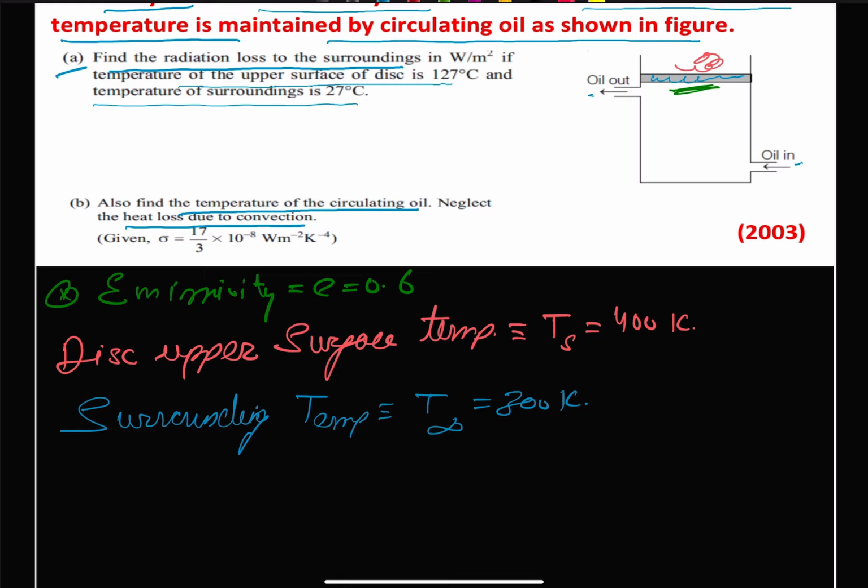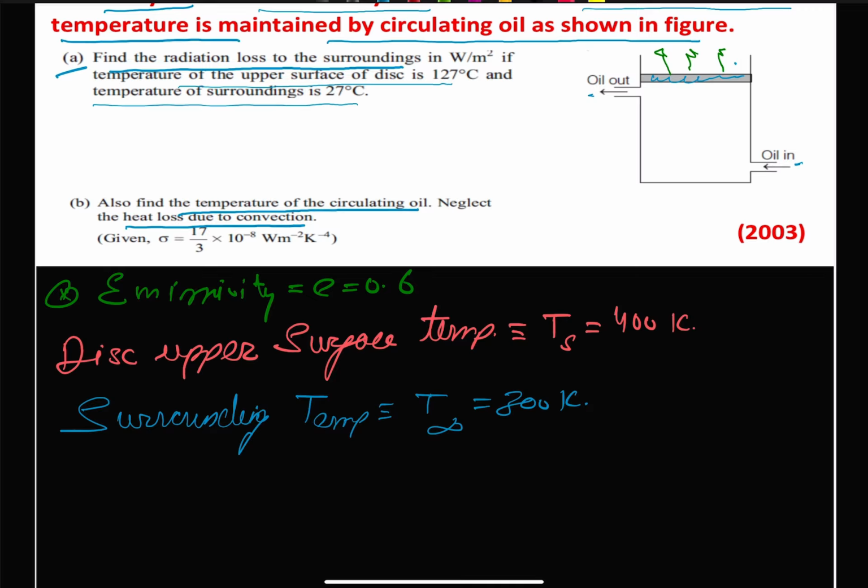And conductivity is given, the rest of the things don't matter. We assume that all the radiation loss is from the top surface. Whatever losses are going to take place are from the top surface only, not from the other part, except the heat through the oil.